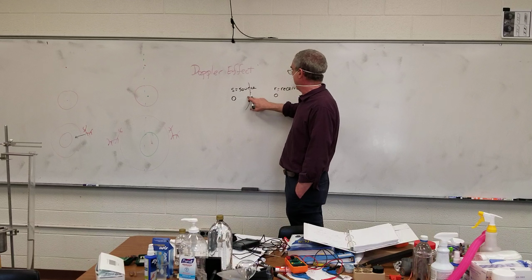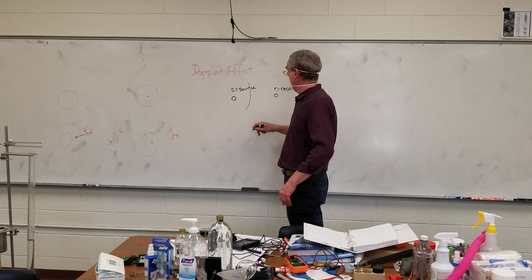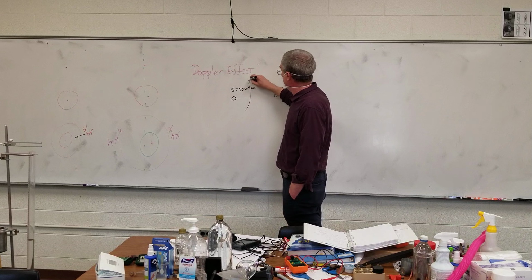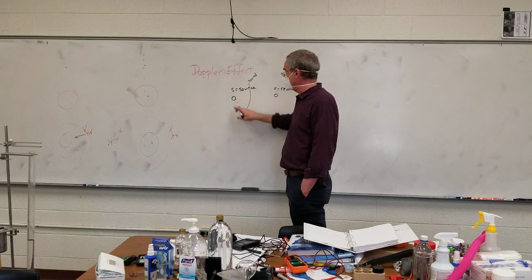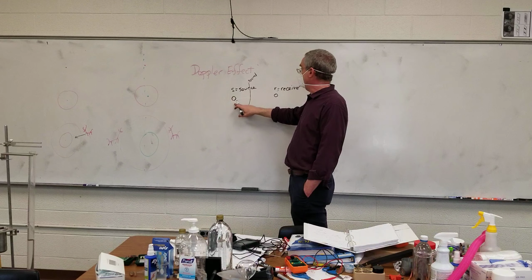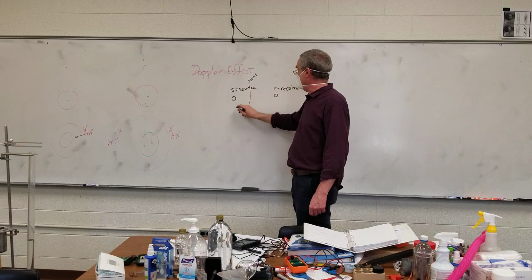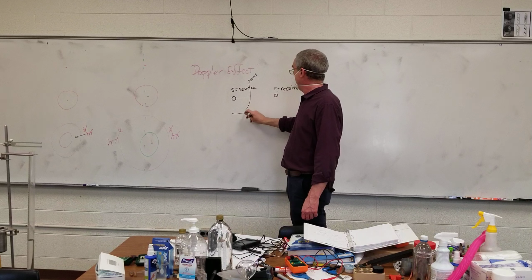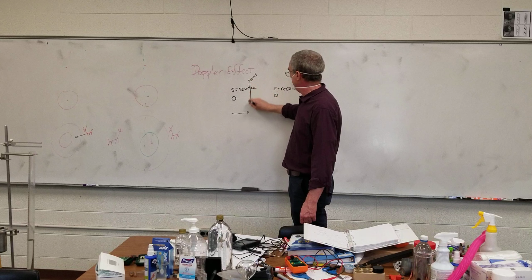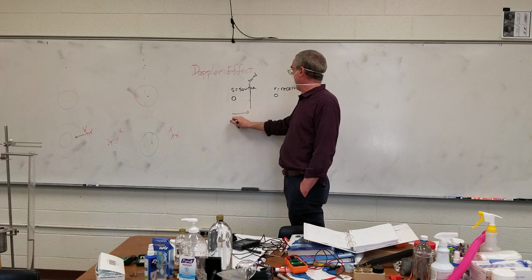I'm going to color code it. I'll use black for sound, and a different color for his moving. At some point later in time, the wave has moved this distance right here, and I'm just going to make it a flat wave. So it has traveled whatever the speed of sound is.